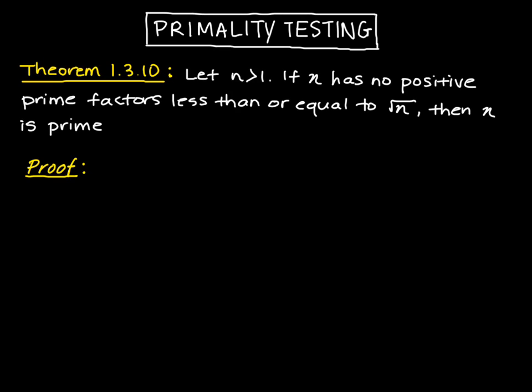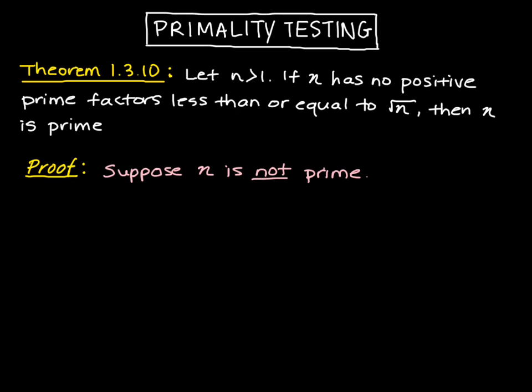We'll see how to use this theorem with an example, but first let's prove it. If I want to prove that n is prime, towards a contradiction, suppose that n is not prime. Well, what does that say?